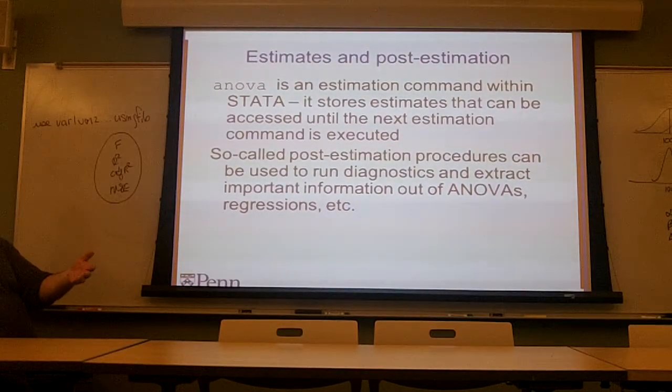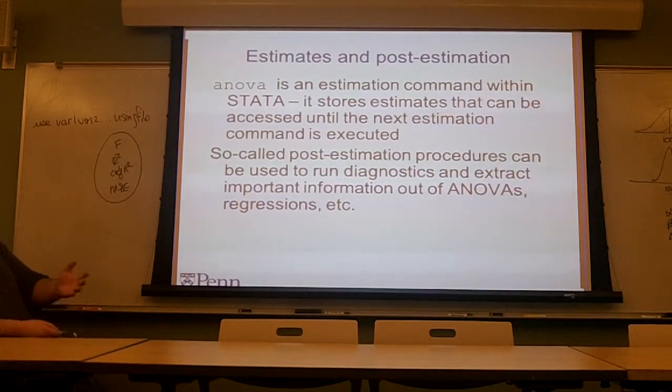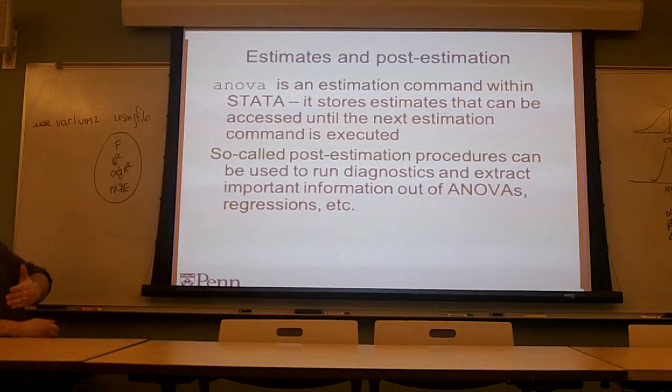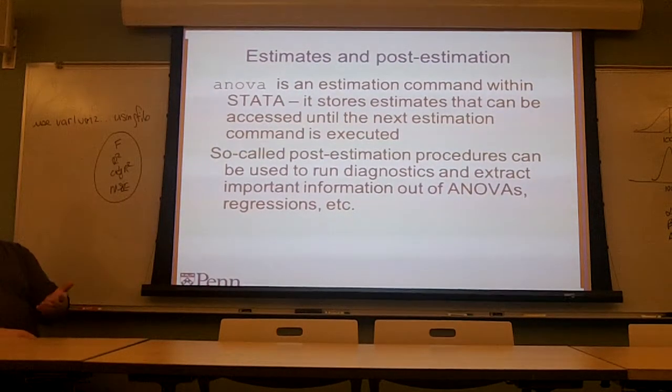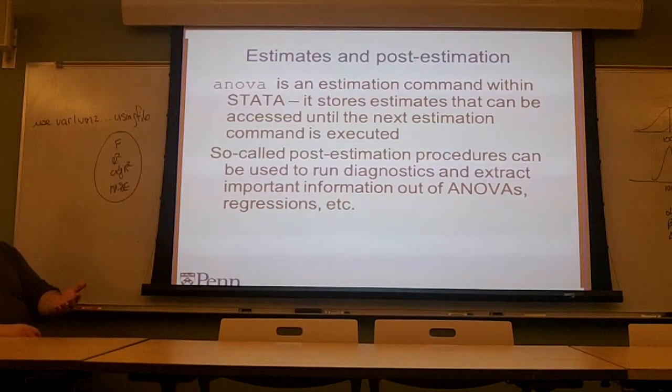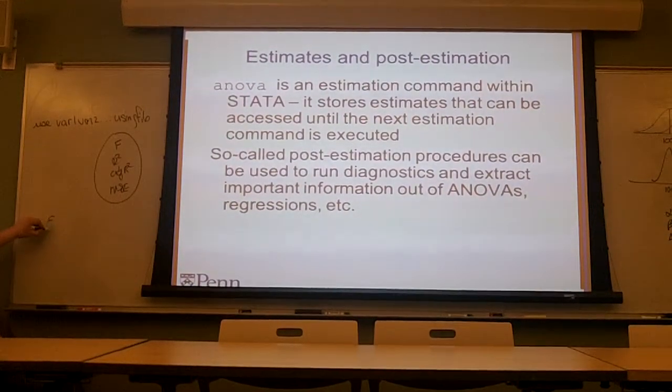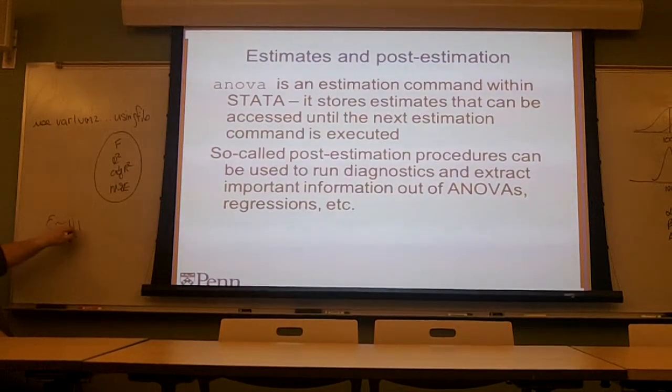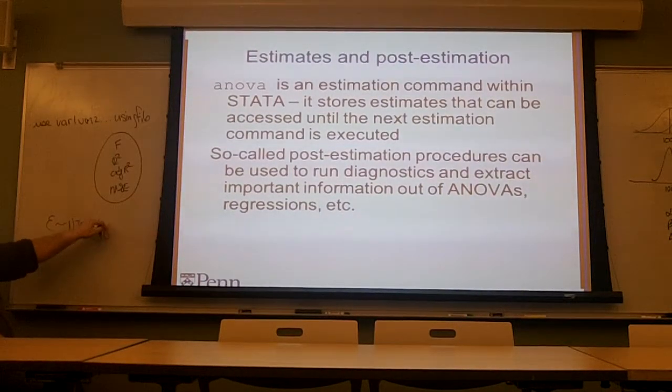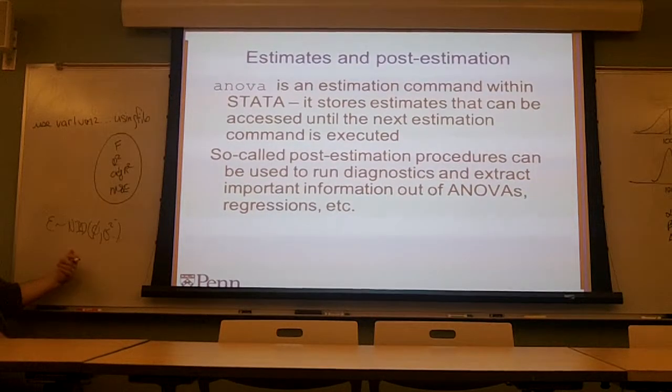One of the things we're going to look at when we diagnose regression models, and by the way, ANOVA is simply a special case of a regression model, is the distribution of the errors, because we made distributional assumptions about the errors. We assume that they're normally and independently distributed with an expected value of 0 and some constant variance, right? We've written this a million times.